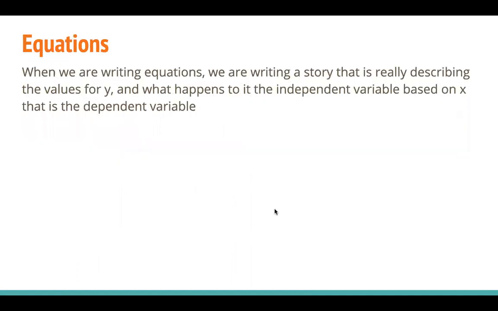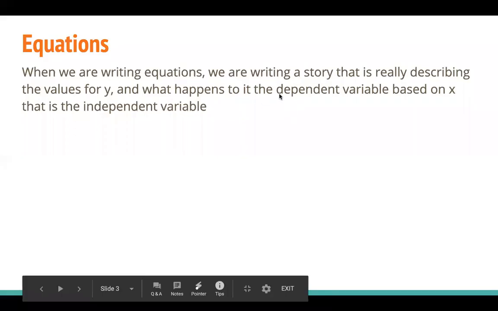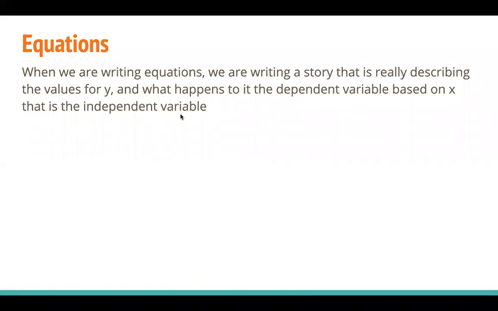Equations. When we're writing equations, we're writing a story that is really describing the values for y and what happens to the dependent variable based on x, that is the independent variable. So we see what's happening to y based on x. And so when we write this equation, we start y equals mx plus b.